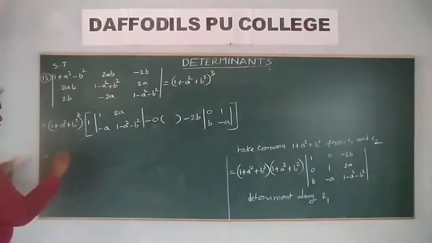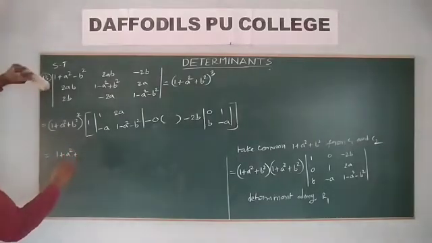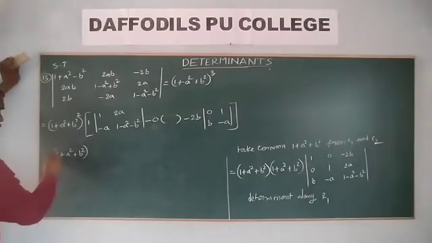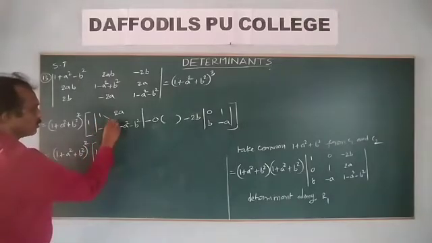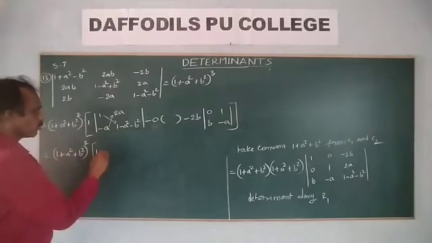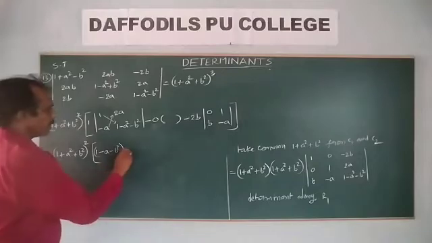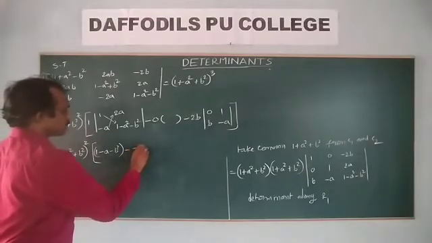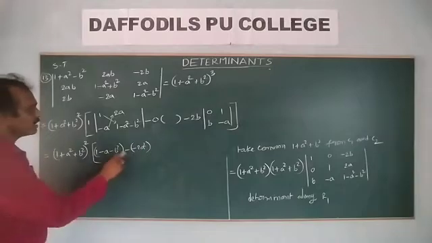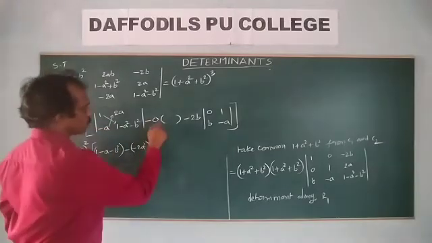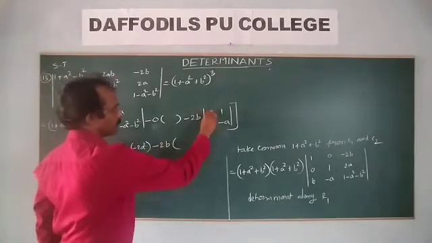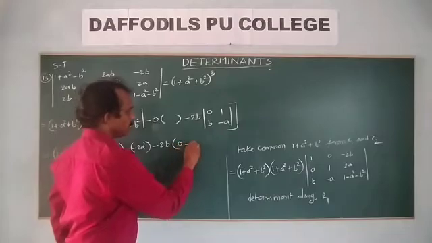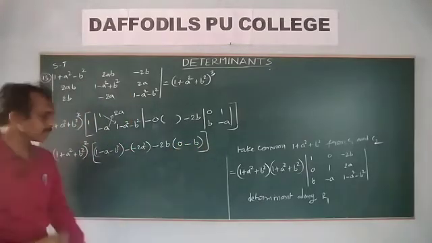So 1 plus A square plus B square whole square times 1 into 1 minus A square minus B square, minus of minus 2A square, 0 times something is 0. Next term 2B of 0 into something, 0 minus B, bracket close.